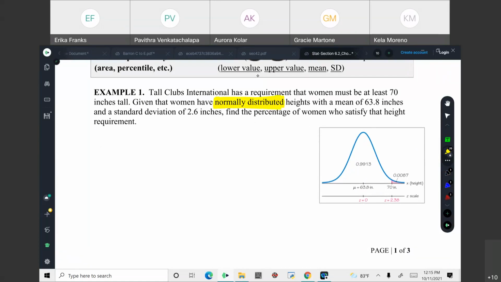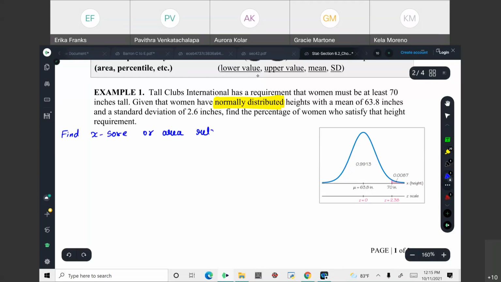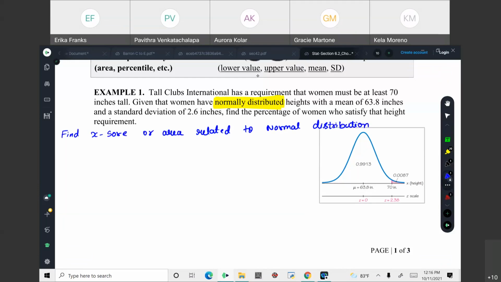Okay, they did not say standard normal distribution, they said normally distributed, meaning you're going to find the x-score, or it could be area, which is related only to normal distribution. So the first thing you do when you have questions from chapter 6 is identify whether it is standard normal distribution or just a normal distribution.